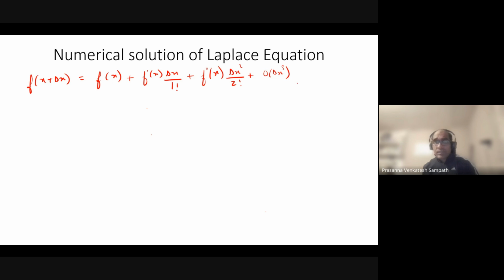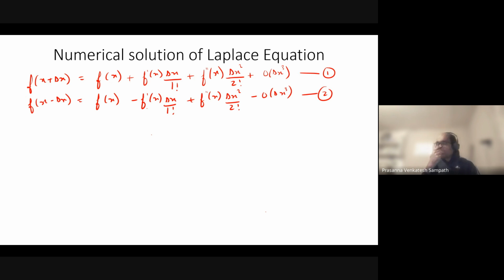Okay, so let's call this equation number 1, and then equation number 2 is f(x−Δx), which is simply f(x) minus f'(x)Δx/1!, plus f''(x)Δx²/2!, minus order of Δx³ terms.